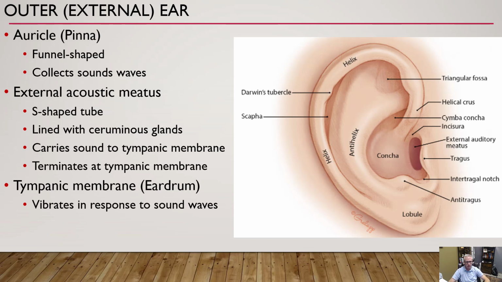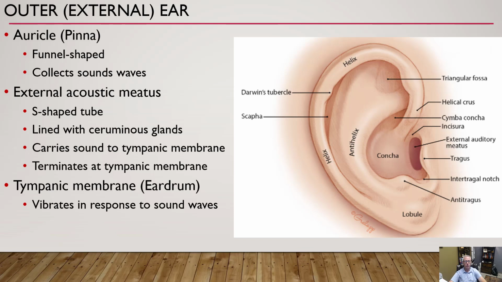You don't have to memorize any of those. Basically, it's a funnel-shaped portion that's just going to collect all those sound waves and direct those sound waves into what's called the external acoustic meatus. That is the portion of your ear that you stick the Q-tip in. It's an S-shaped tube.